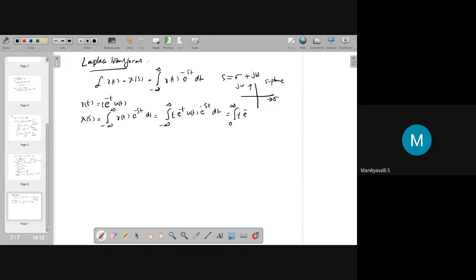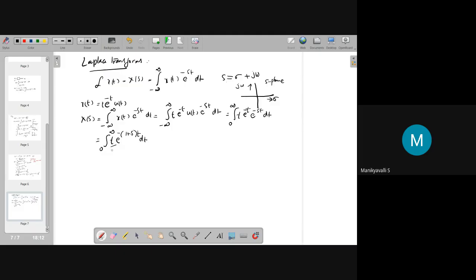t into e to the power of minus t into e to the power of minus st dt. So this is equal to integral 0 to infinity t into e to the power of minus of 1 plus s t dt. Now to integrate this one, you will use the UV formula.